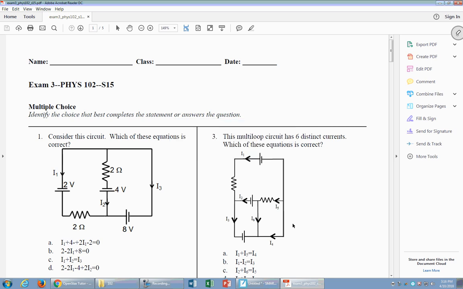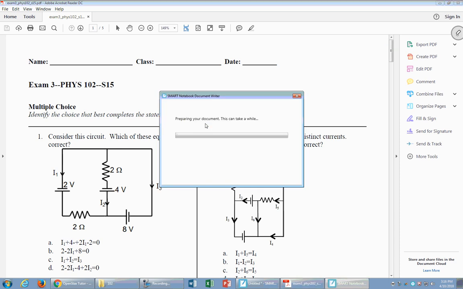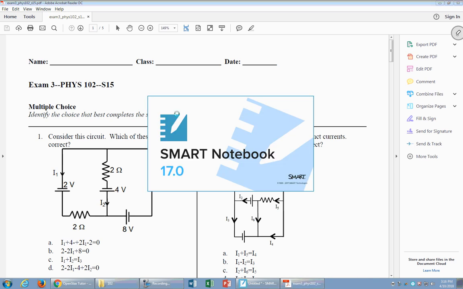You're going to see 3 or 4 questions on multi-loop circuits. It doesn't take that long. All right, here we go.